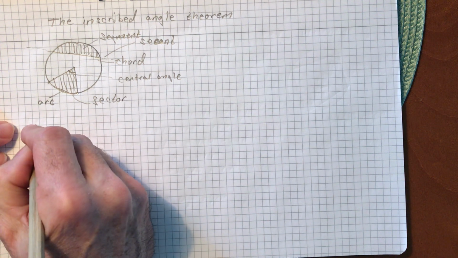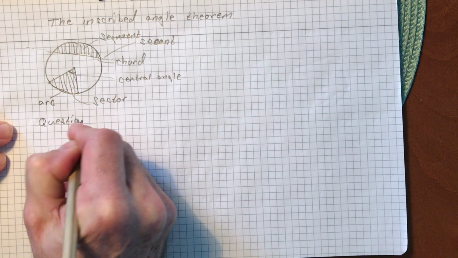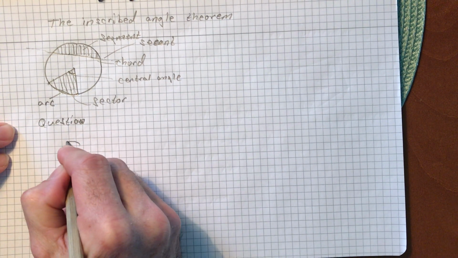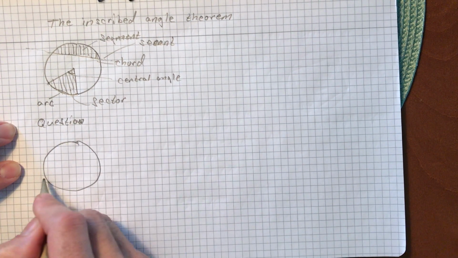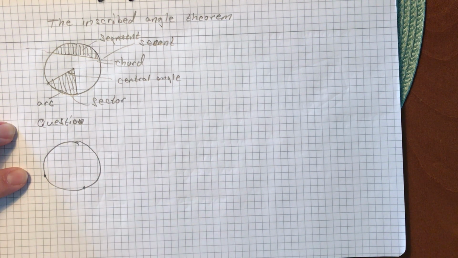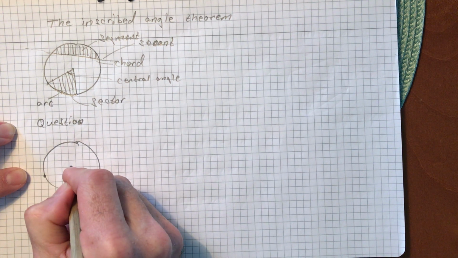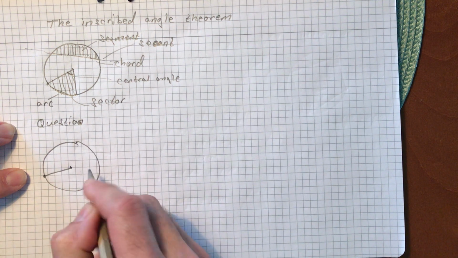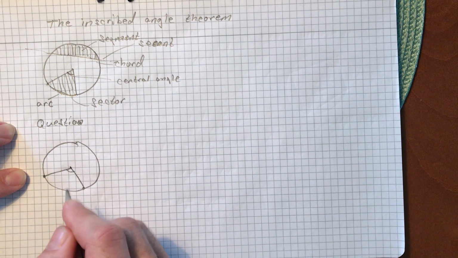Now, I have a question. It has to have an answer too. If I draw a circle, and I'm standing on one point and on another point on the circumference of this circle, and I have the central point like this, and I draw a line to the center point from each of them, then I will have an angle.